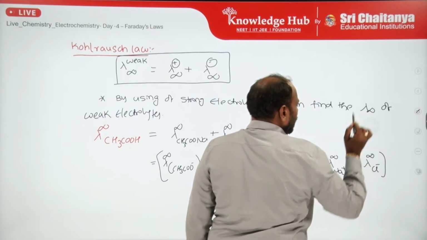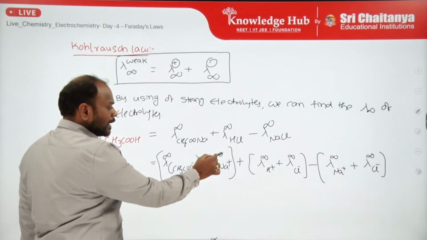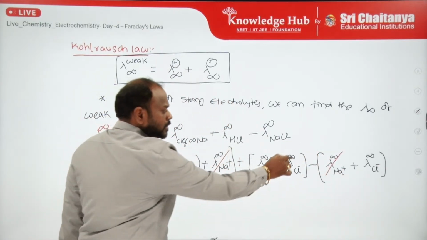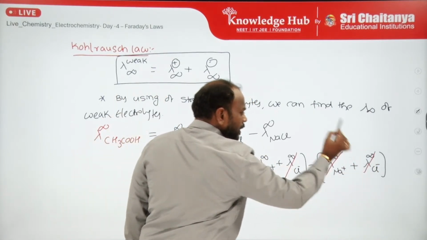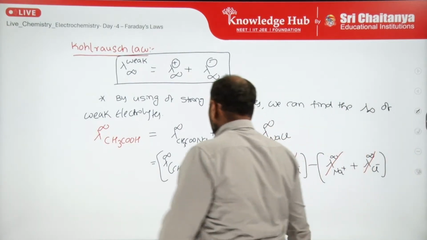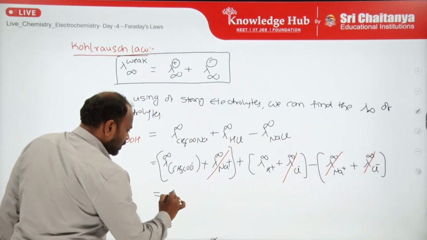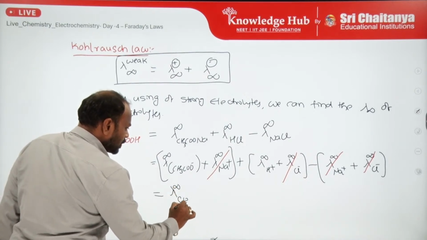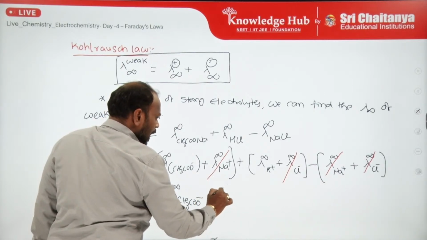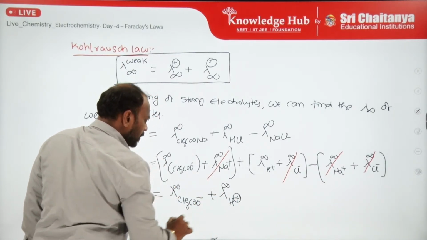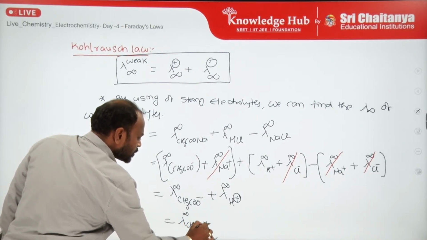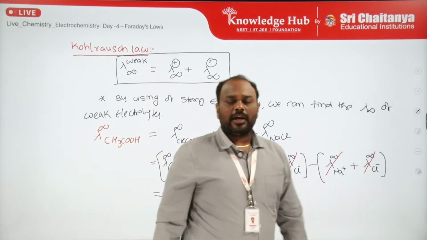Here sodium gets the positive charge, but here it is a negative charge. Positive Na plus and negative Cl minus get cancelled. So what are the leftover things? Lambda infinity of CH3COO minus, and here lambda infinity of H plus. By combining these two, what do we get? CH3COOH. Okay, so in this way we get this one.